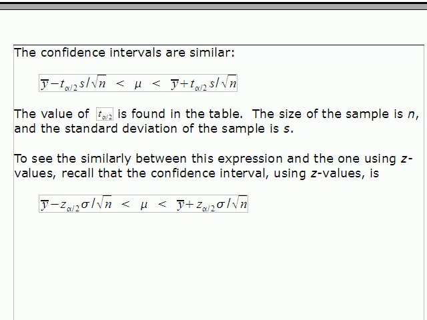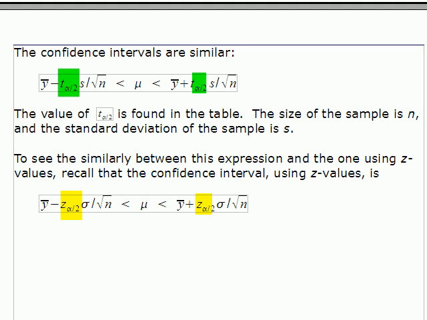Now the confidence intervals look just the same. Here's the confidence interval using a normal distribution with the z; you see the z alpha values in it. Here's the confidence interval using the t-distribution. The only difference is that for the normal case, this multiplier is z alpha over 2, and for this case it's t alpha over 2.